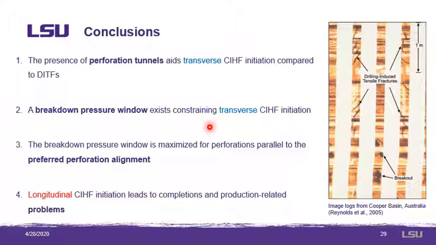The range of the breakdown pressure window is maximized for perforations parallel to the preferred perforation alignment. Longitudinal fracture initiation is shown to be a frequent occurrence for horizontal wells, leading to serious completion and production related problems observed in the oil field.